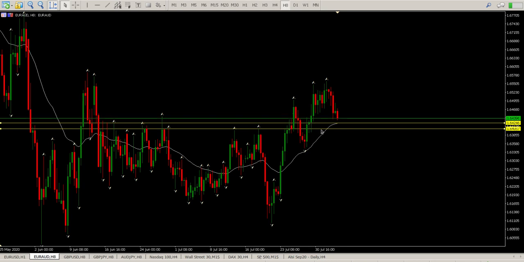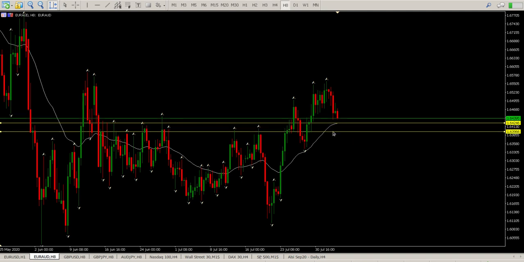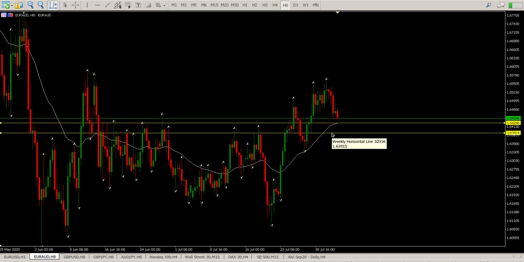We didn't really test it. We fell below it, we came back up. So I'd expect us to come back into the zone, and we're pretty close to the upper end of this, which is 1.64246. The bottom end of it, actually I lie, the bottom end is going to be a bit lower than that, pretty much around there. So that's 1.63915.